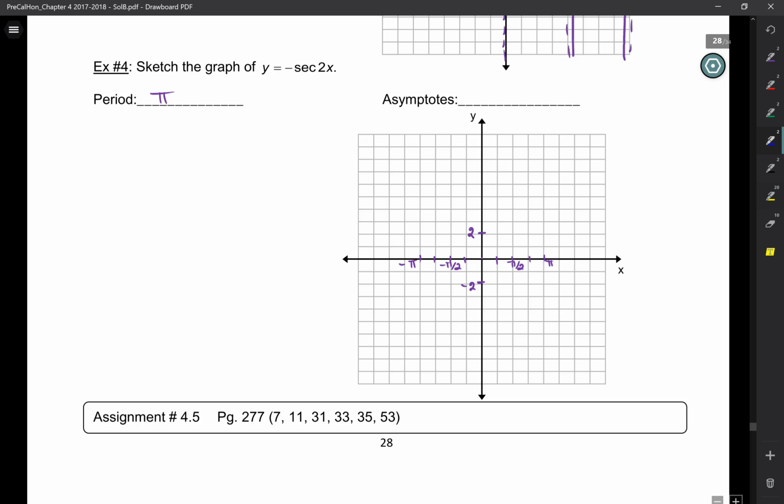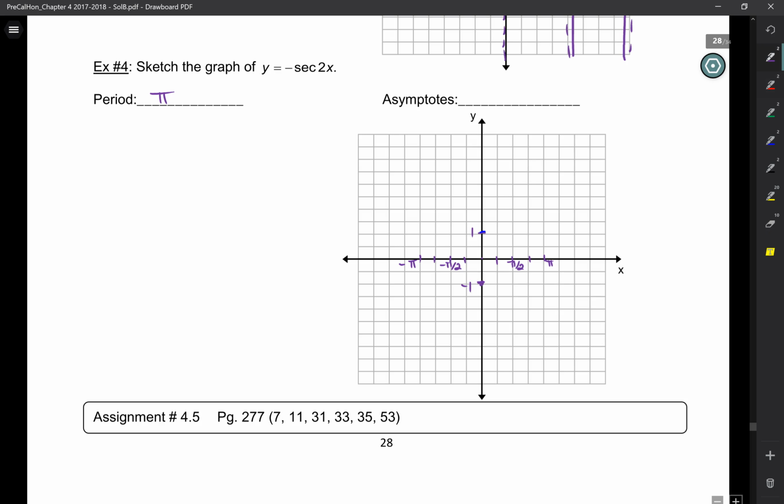Let me now draw a cosine. It's a cosine, but I need a negative cosine. Hang on. I meant to make that a 1.